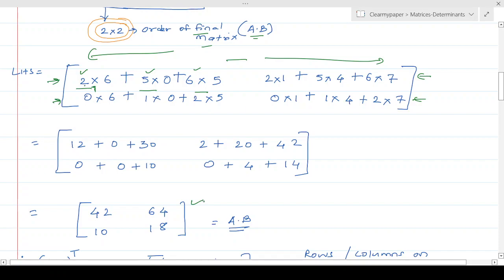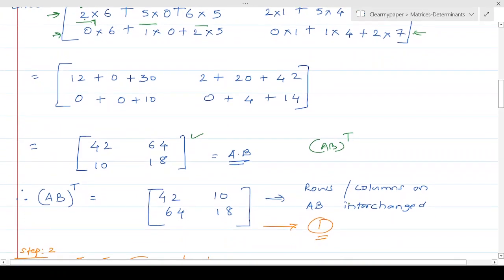But our left hand side is not AB. We want to find the transpose of AB, right? That's what we want to find. And what does it mean? If AB is this, the transpose of AB is nothing but the rows and the columns switched. So this row 4 2 6 4 will become a column over here.